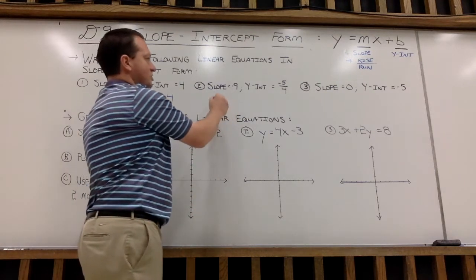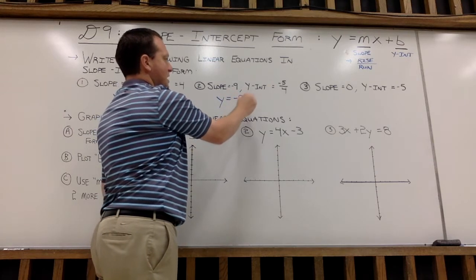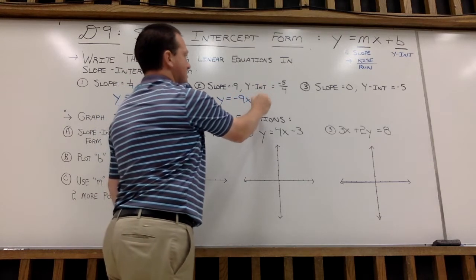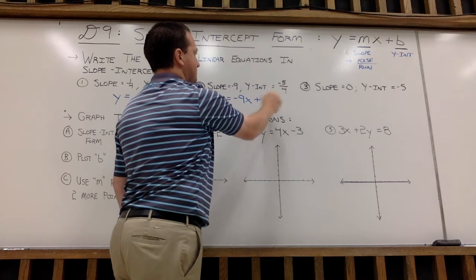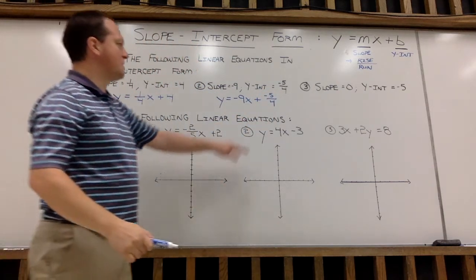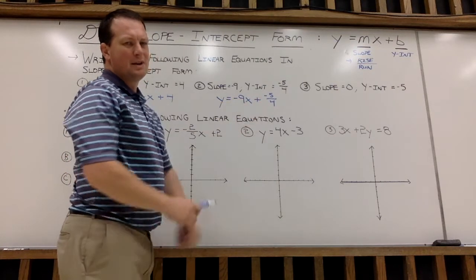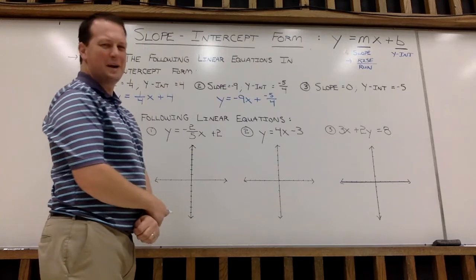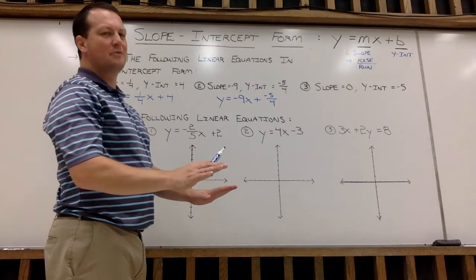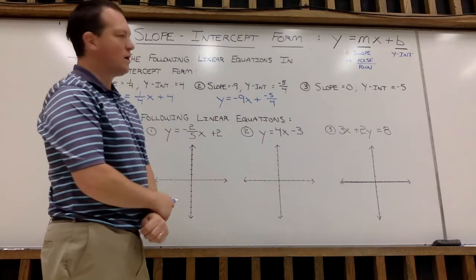Example 2, I have the slope is -9. So y equals -9x plus -5/4. I don't think you'll have any graphing examples where you have to plot a y-intercept of -5/4. That would be kind of ugly. Would not be fun. We like to have fun in here, so we'll stay away from these fractional values, as you'll see when we graph.